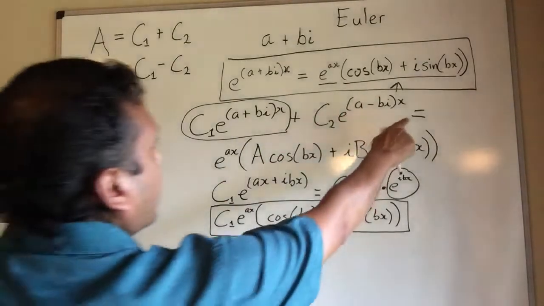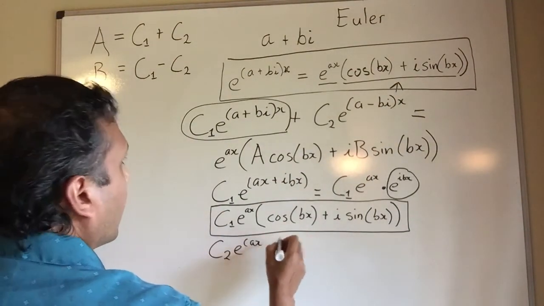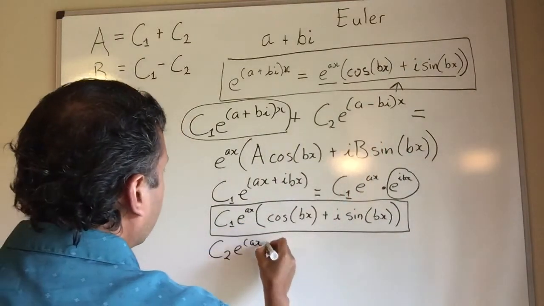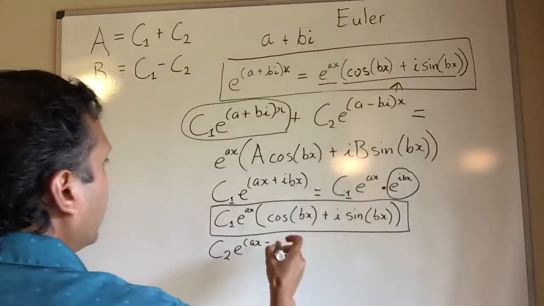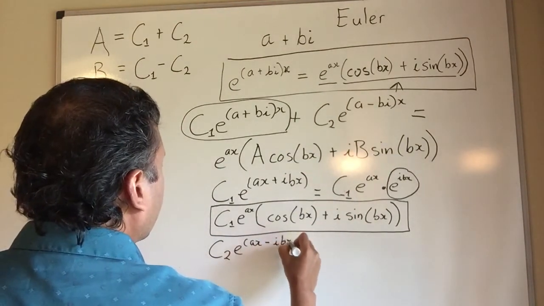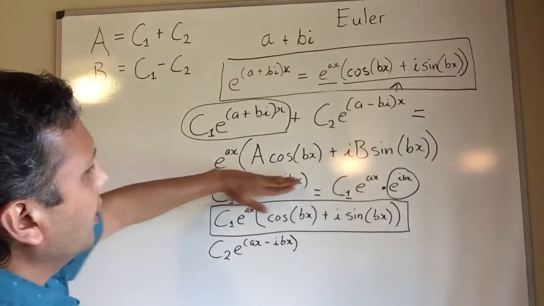So now x times a is ax, and minus x times bi, I'll write it as ibx. So now I'm at this stage in the process.